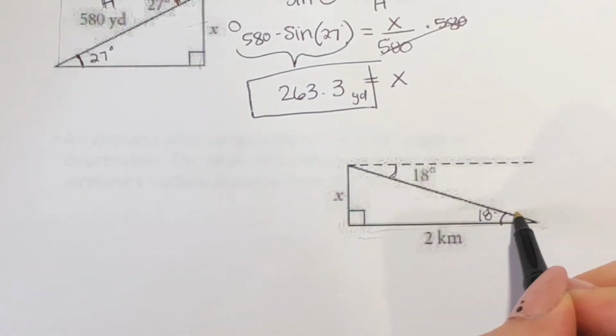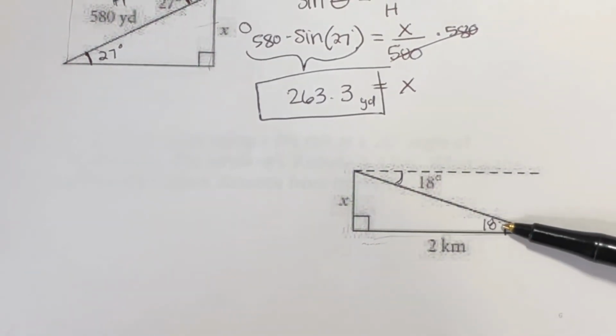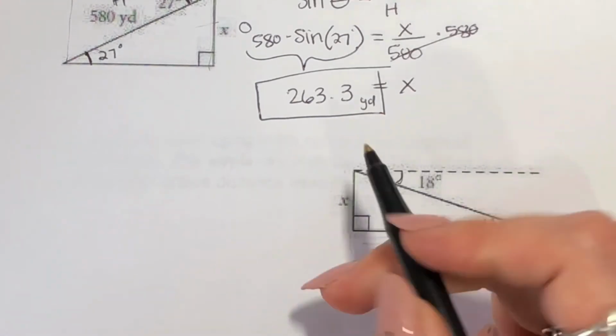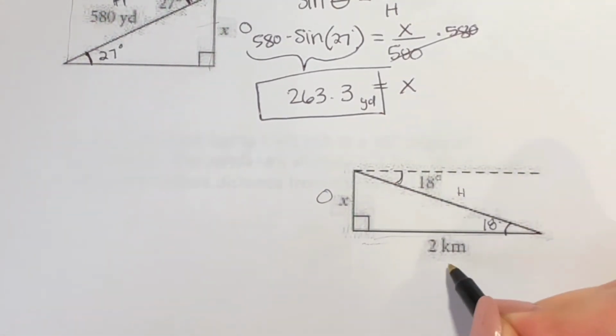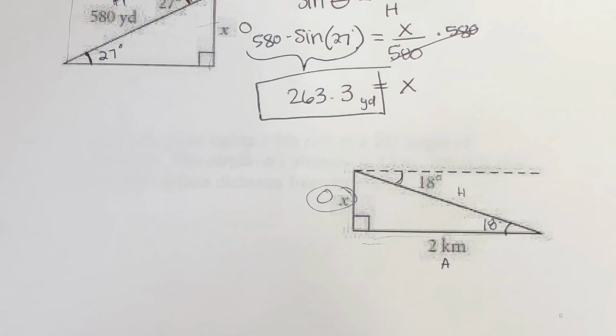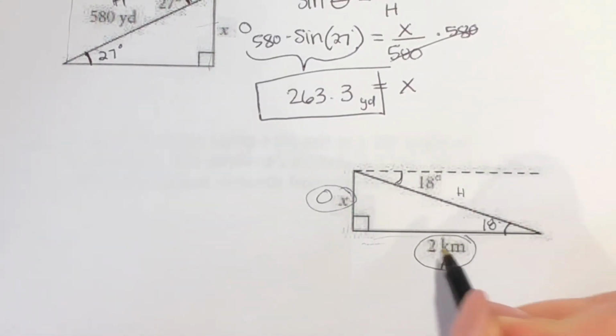And so now I have this angle inside of our triangle to use. So I label my sides. If this is 18, then side x would be our opposite side. This would be our hypotenuse, and then this would be our adjacent side. So this time we're looking for side O, which is x long, and then they told us that the adjacent side is 2 long.